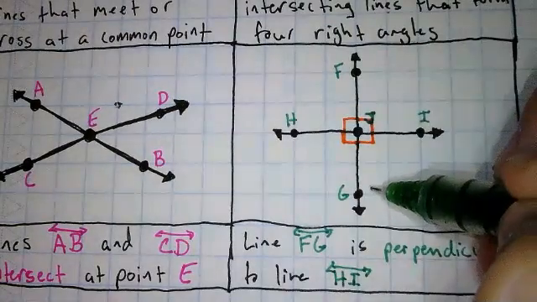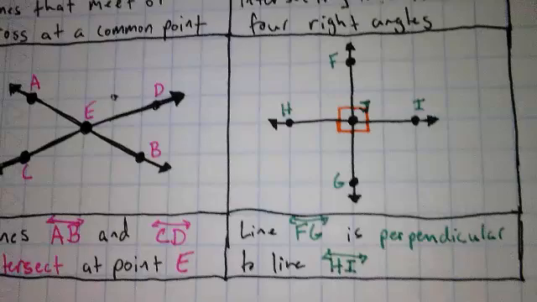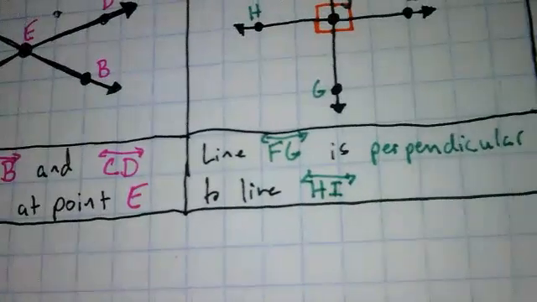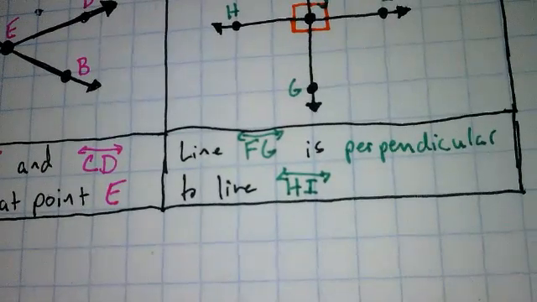FG is this one, and it crosses with HI to make 4 right angles, so they are perpendicular to each other. Write that in real quick, and then we'll do our last vocab, parallel lines.